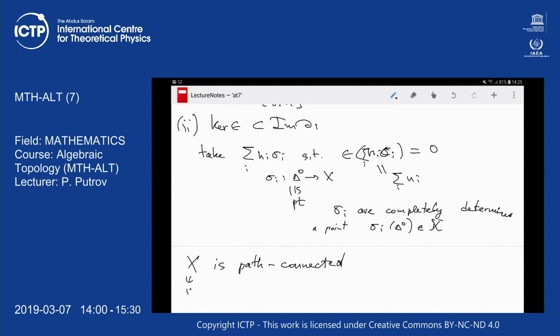And more or less, let us fix a certain base point in X, X0.